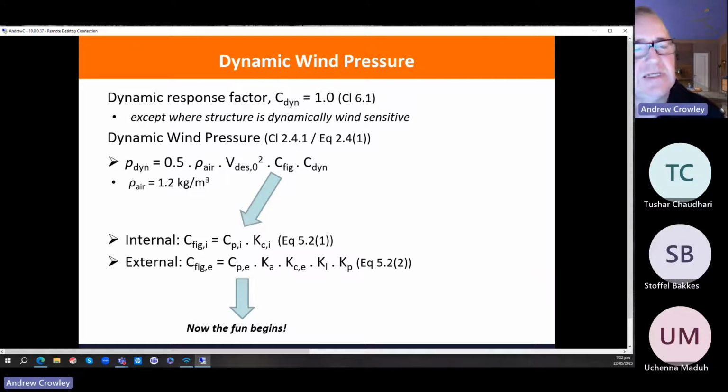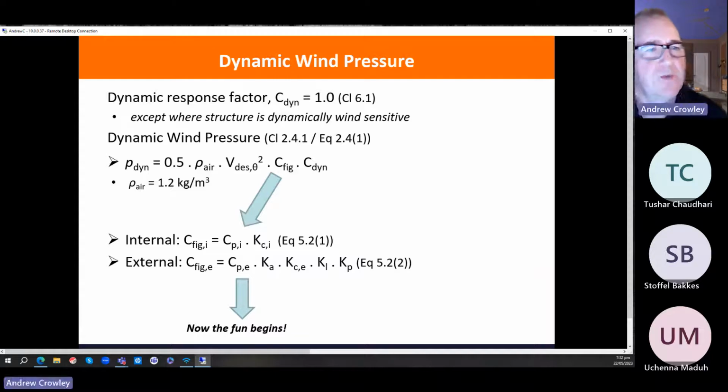And if your CDIN is greater than 1, then your structure is probably dynamically wind sensitive. Now, we're not normally dealing with dynamically wind sensitive structures, but they can be. So towers and tall, slender structures can be dynamically wind sensitive. The wind can excite your structure. This code is not really aimed at those kind of structures.